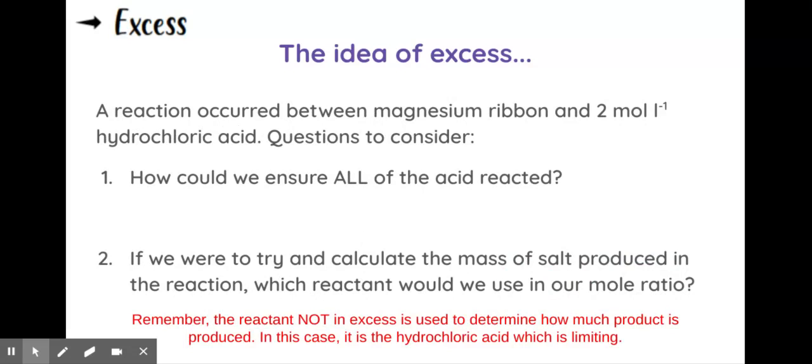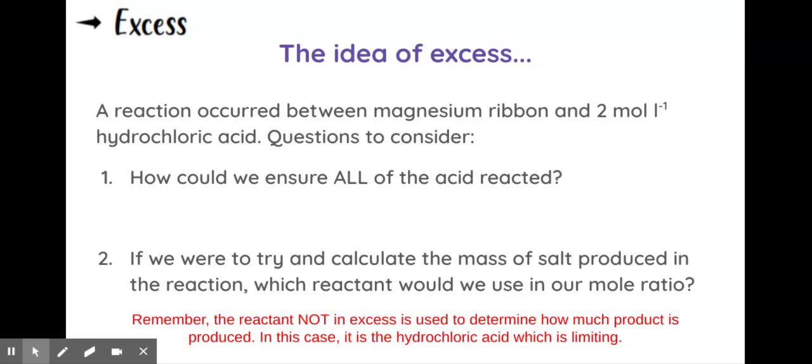So here is a chemical example now. Imagine you are in the lab, and you have some magnesium ribbon and 2 moles per litre hydrochloric acid. You've got your acid in a test tube, and you've got your magnesium ribbon in a wee tub. Number 1, the question to consider is, how could we ensure all of the acid reacted?